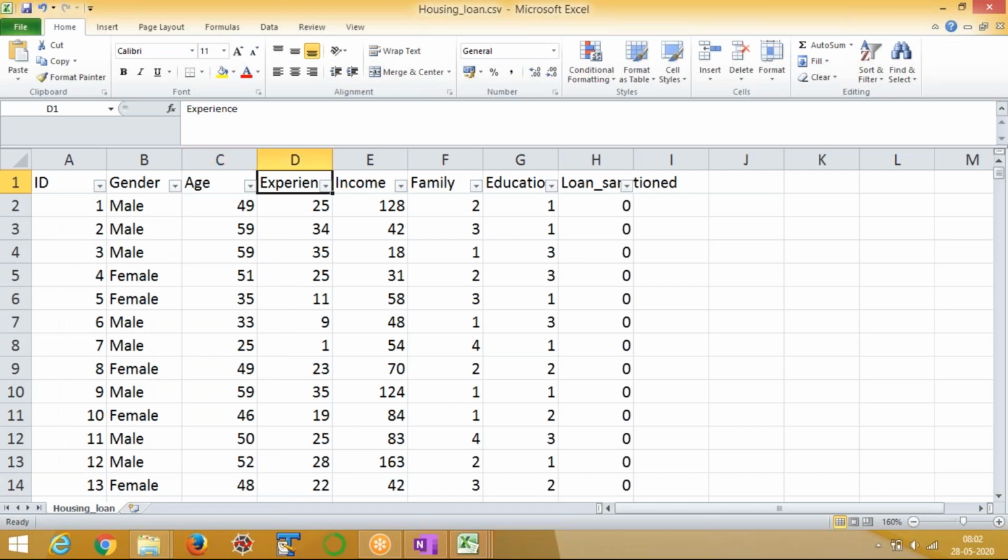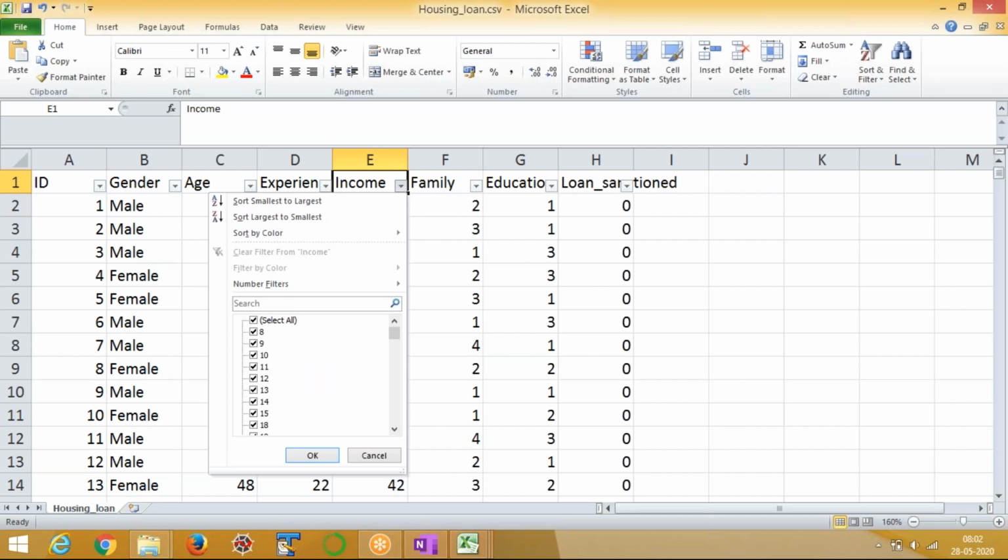Let's come back here. Income: the person's income is mentioned without specifying units, which is actually not mentioned. It could be $80, or 8,000 rupees, or 80,000, it is not clearly mentioned.